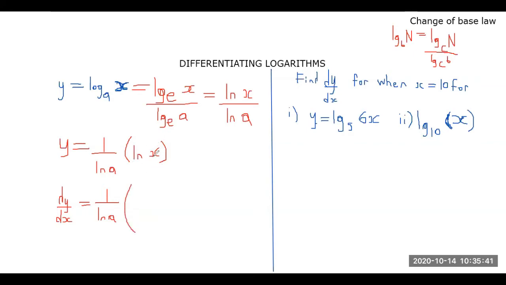Remember, when we differentiate ln x, we get f prime of x over f of x, and the derivative of x is 1, so it becomes 1 over x.